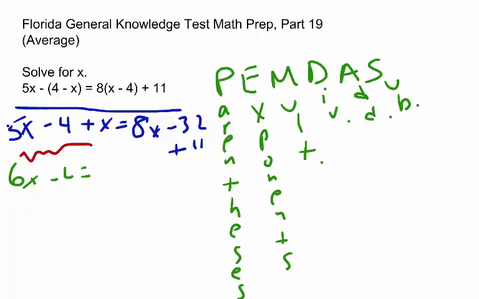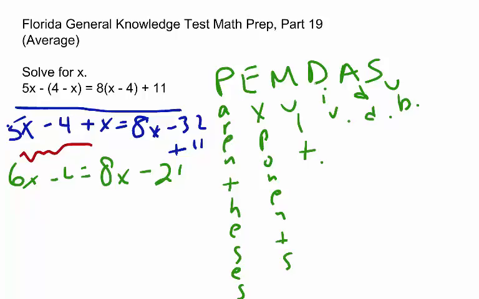Now on the right hand side we have 8x, then we have minus 32 plus 11. So they're both constants, like terms. Here we take the difference of negative 32 and positive 11 and use the sign of the larger number. So that becomes negative 21.